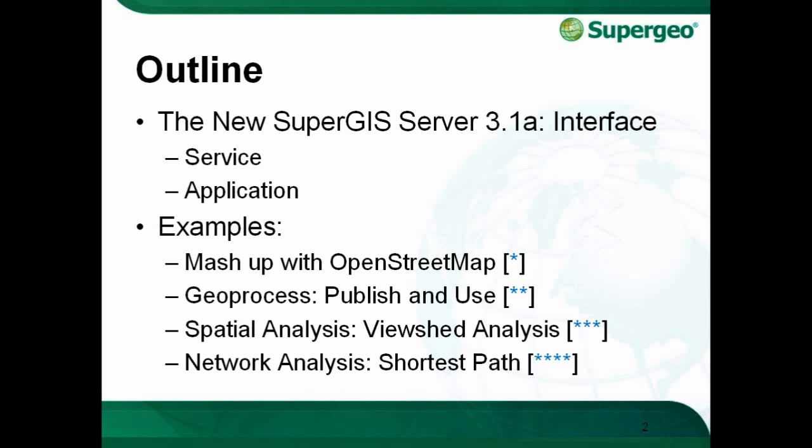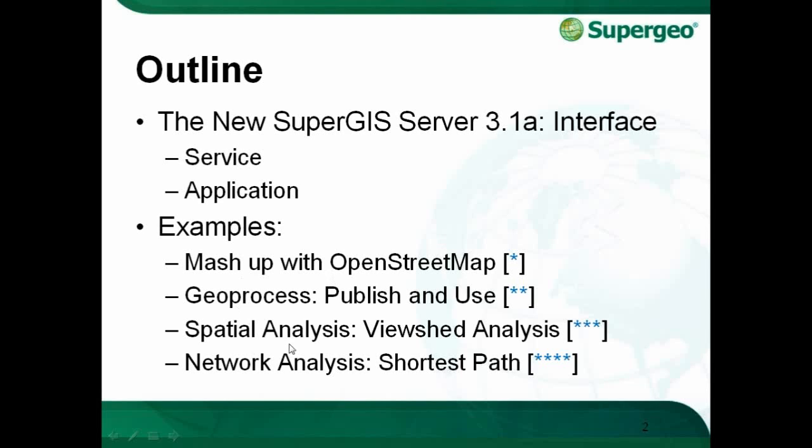I also include the marks here. For the difficulties, we will start from the easiest one, matching up with OpenStreetMap. And then the second one, to publish a map with a geoprocessing function like buffer analysis.